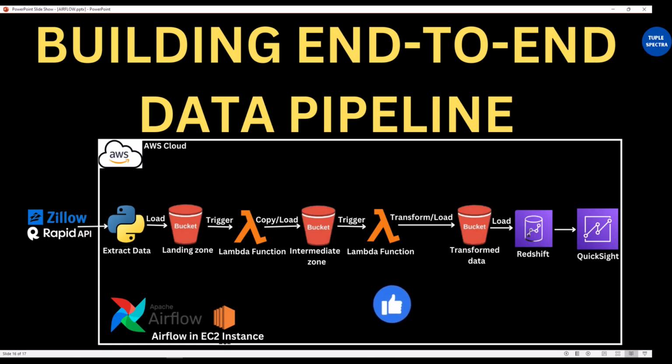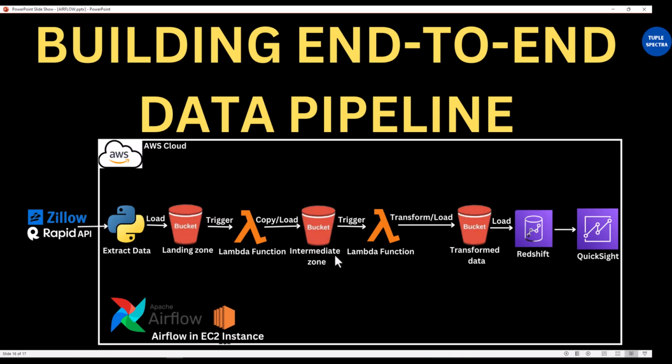Again, what have we been able to accomplish? We've been able to use Python to connect to Zillow RapidAPI to extract the data, which we save onto our EC2, and then we use a bash operator to move that into our landing zone, our S3 bucket, which then triggers a Lambda function that helps to copy and load that data inside an intermediate zone, which is another S3 bucket.